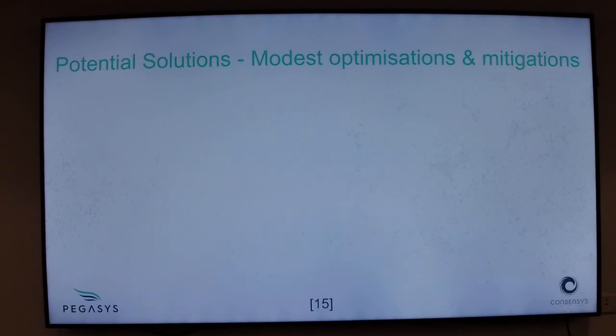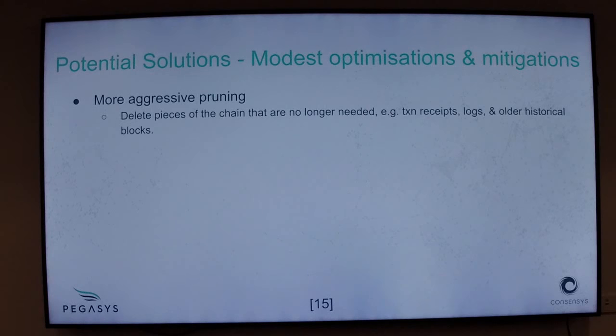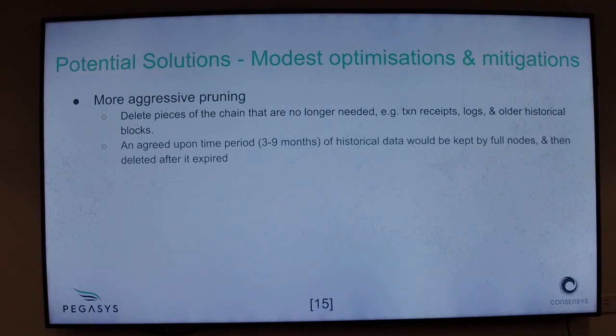If we look at some of the modest optimizations, say let's do more aggressive pruning. Basically we just delete pieces of the chain that are no longer needed, for example some of the transaction receipts, the logs, and the older historical blocks.